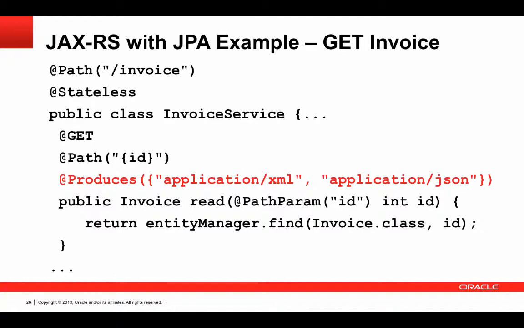The next question is, what does the data come back as? On the same method, I can indicate that this invoice read method can return XML or JSON. Now JAX-RS out of the box gives us the capability to integrate JAXB. So when it sees that it can return application/xml, if the user doesn't specify, that will be the default value. And it will take the invoice class and construct a JAXB context based on whatever annotations are available, and do the binding into XML.